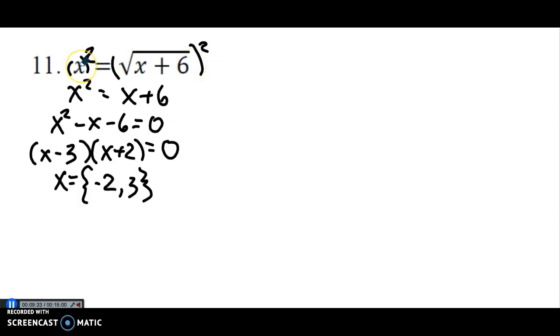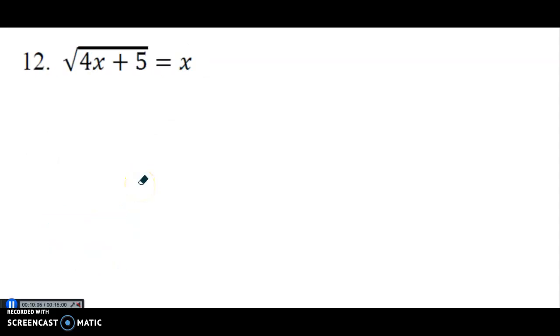I do -2 over here, and -2 can't be the answer, because when I square rooted the right-hand side, I got +2. It does not equal -2, so -2 is what we call an extraneous solution. Let's try 3. 3 plus 6 is 9. The square root of 9 is 3, and x on the other side is 3. That one works, so our only possible answer here is positive 3.